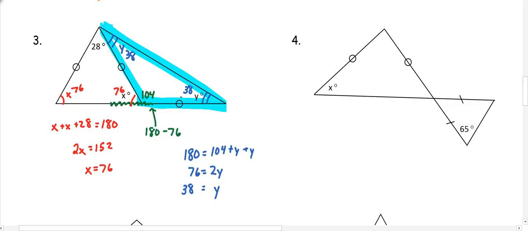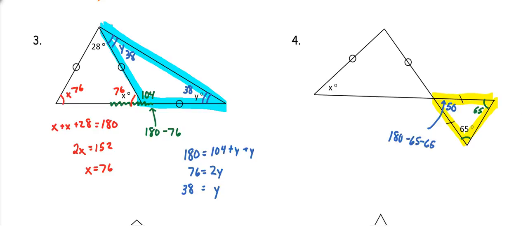Number 4. So in number 4, I have this 65 degrees. So I'm going to start with that triangle first. And I know if I have 65 degrees across from legs that are congruent, the base angles are congruent. So they're both 65 degrees. So now I need to find the third angle in the triangle. And so to find that angle, I'm going to do 180 minus 65 minus 65.